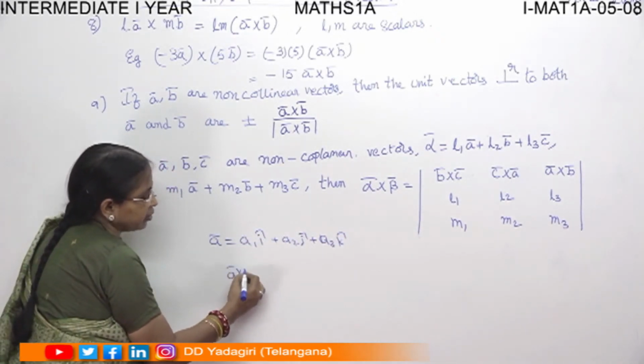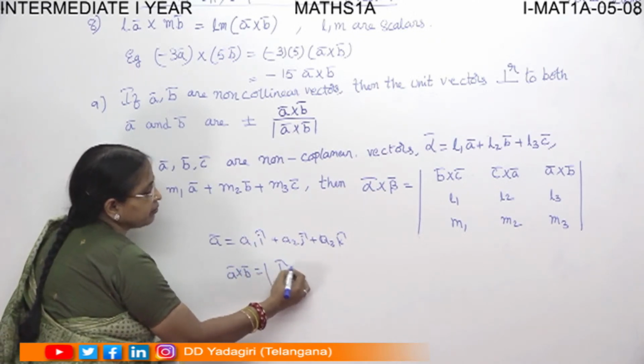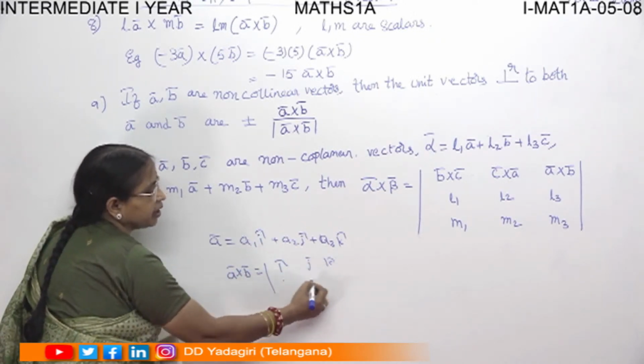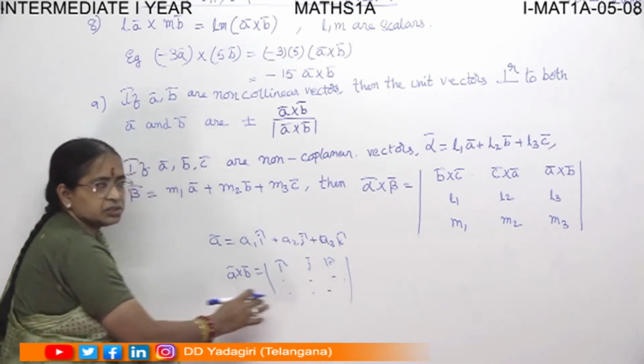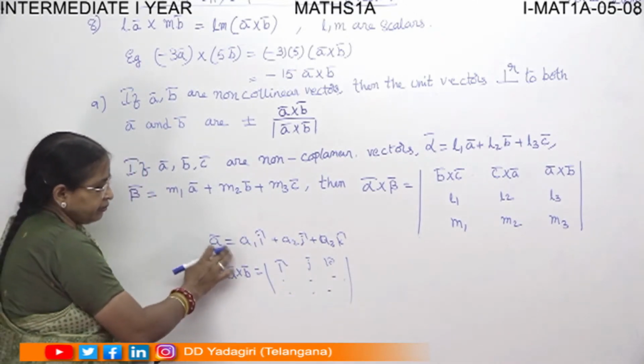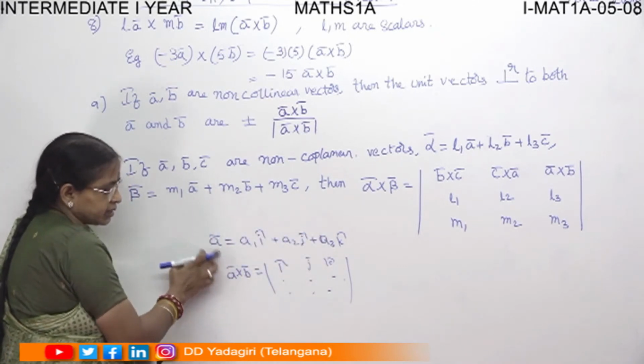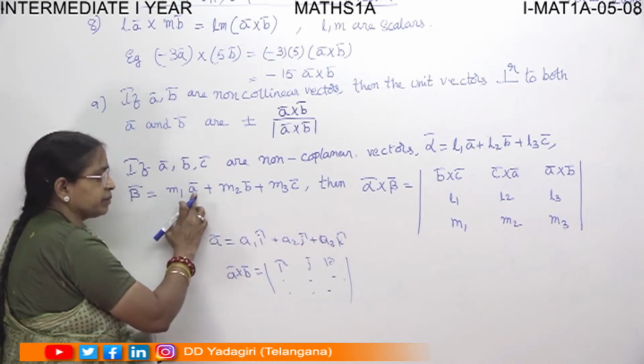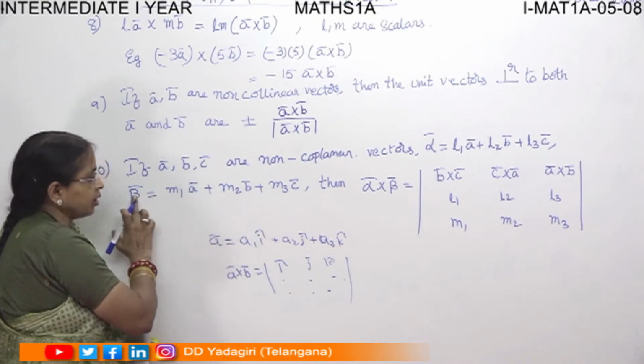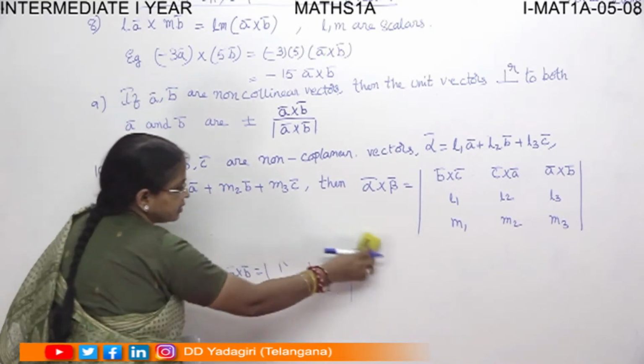We have written A cross B as determinant of i, j, k, and then A1, A2, A3, B1, B2, B3, like this we have written. So if they are not in terms of i, j, k, if the two vectors A and B are in terms of some other vectors like this, then the cross product is given by this formula.